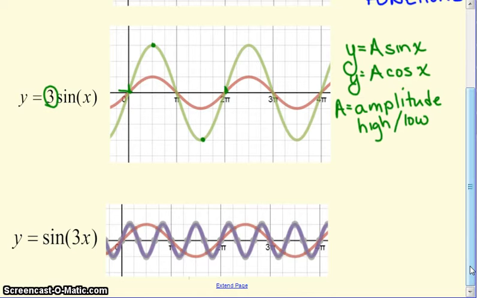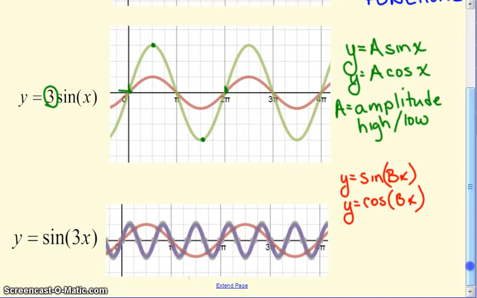This next picture that I have is what happens, how do we change the period? So in these, we had y equals the sine of some number times x. Could also be the same if I had cosine. That number b affects the period. If I do 2 pi divided by the period, I have the number b. Or if I want to know what the period is, I do 2 pi divided by b.